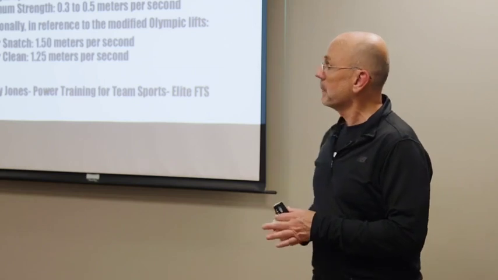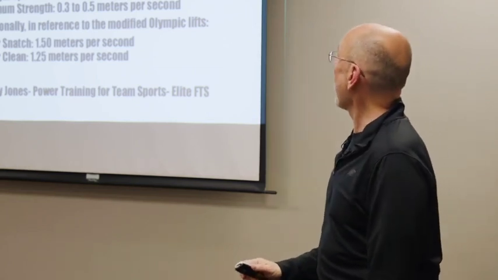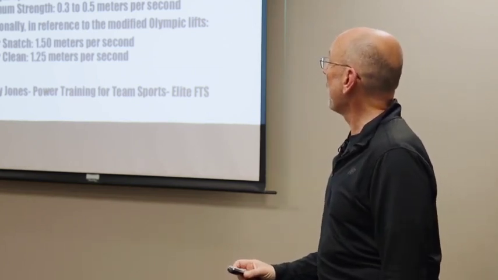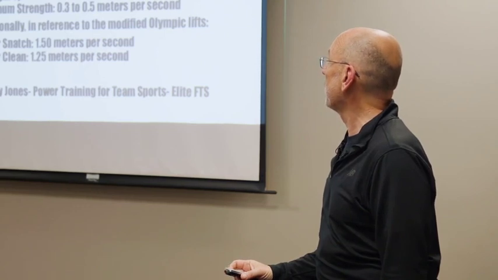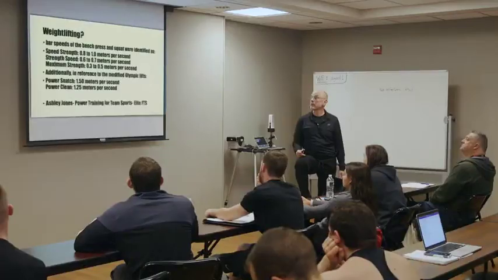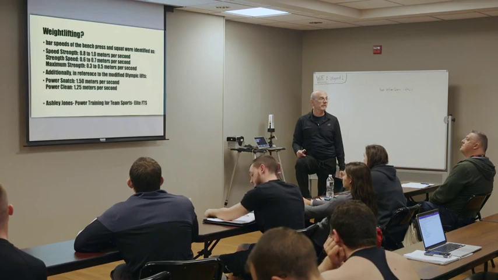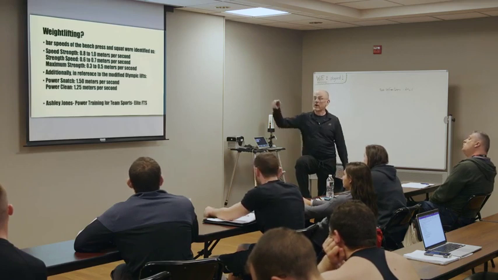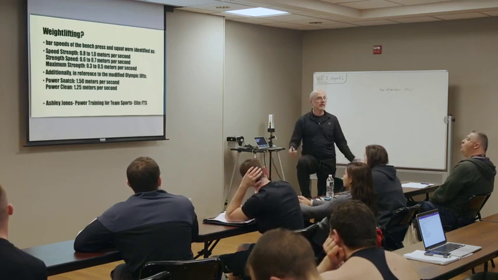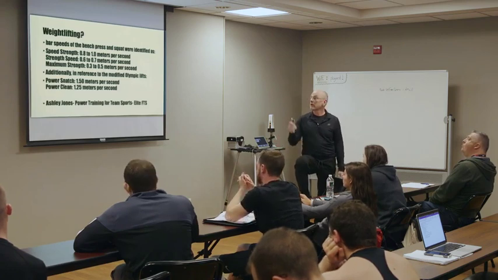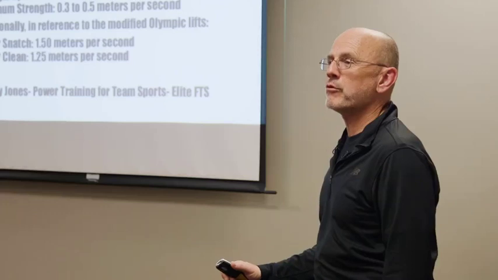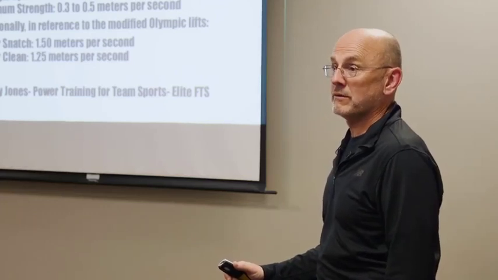Look at this. Bar speeds of the bench press and squat were identified as speed strength 0.8 to 1 meters per second, strength speed 0.6 to 0.7, maximum strength 0.3 to 0.5 meters per second. That's really slow. Even when you're trying to do fast, dynamic work, bands, chains, whatever you're doing, you're going to probably get up around 1 meter a second, which means you're going to be 10% of what sprinting would be.